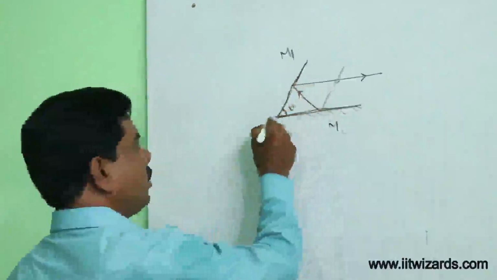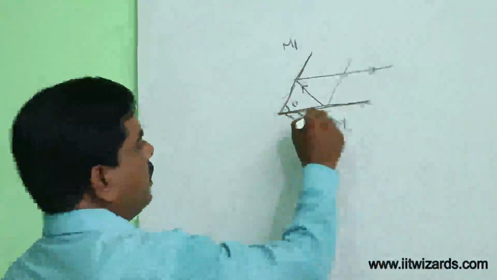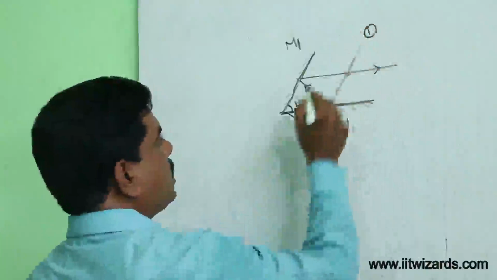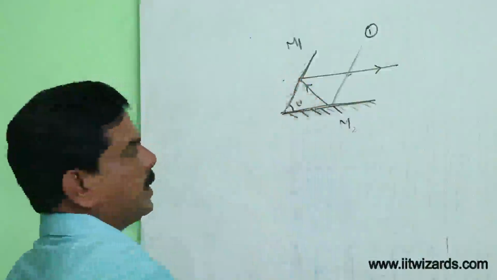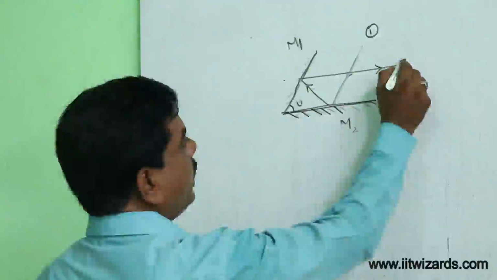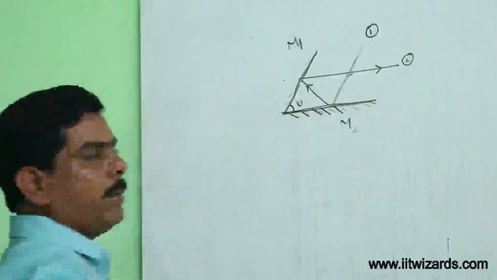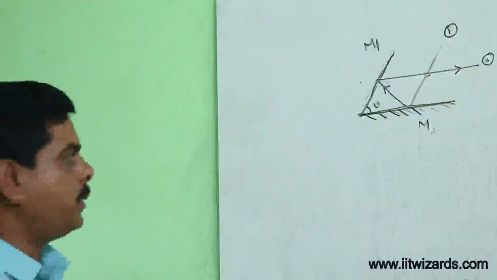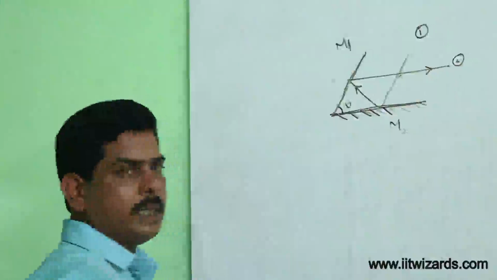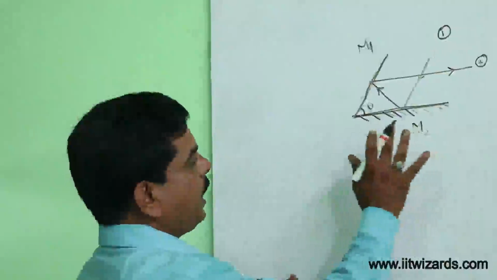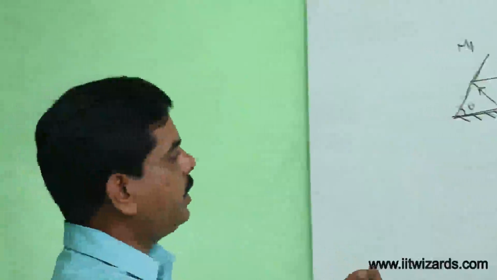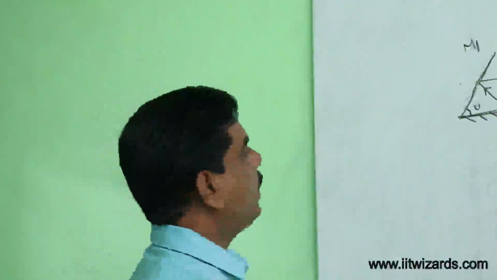So the first ray is parallel to the first mirror, and after subsequent reflection, the emergent ray has come out parallel to the second mirror. What is the angle theta?